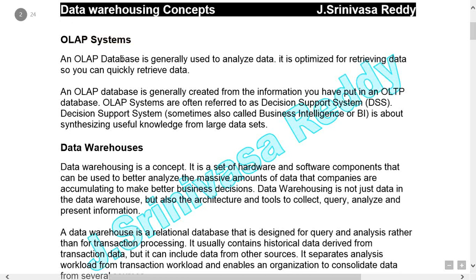An OLAP database is actually your data warehouse. This OLAP database generally contains data for analysis purposes. It is generally used for analyzing the business. While analyzing the business, you will be querying the data from the database and generating reports.